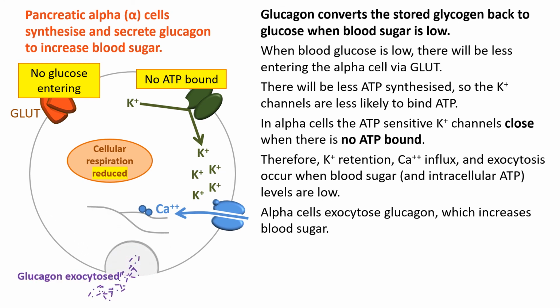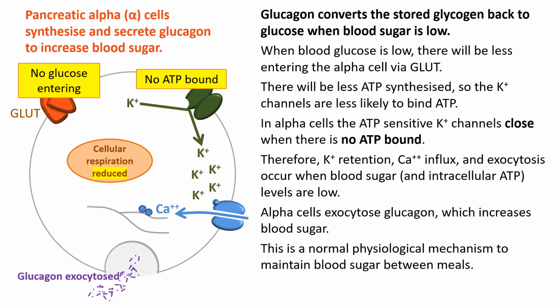But in this place, alpha cells exocytose glucagon, as opposed to beta cells that exocytose insulin. So the alpha cells exocytose glucagon, and glucagon, because it converts glycogen back to glucose, increases blood sugar. And this really is a normal physiological mechanism to maintain blood sugar between meals or between snacks even.